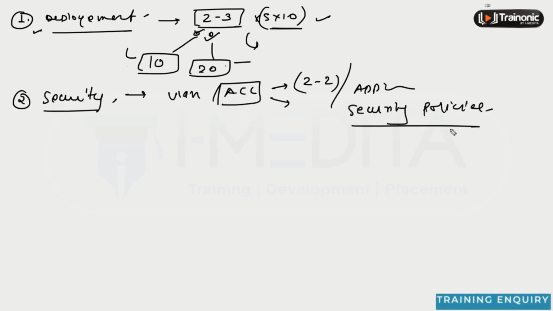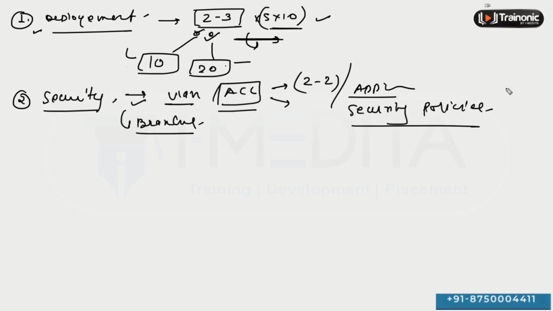Now, what if you are extending your network from 2-3 devices to 5-10 devices, and maybe you are adding a new branch? You might be adding some new branches in your existing infrastructure. So you had to create the VLANs, create the ACLs, add the security appliances onto that branch as well, and enforce all those policies that you have applied here as well.